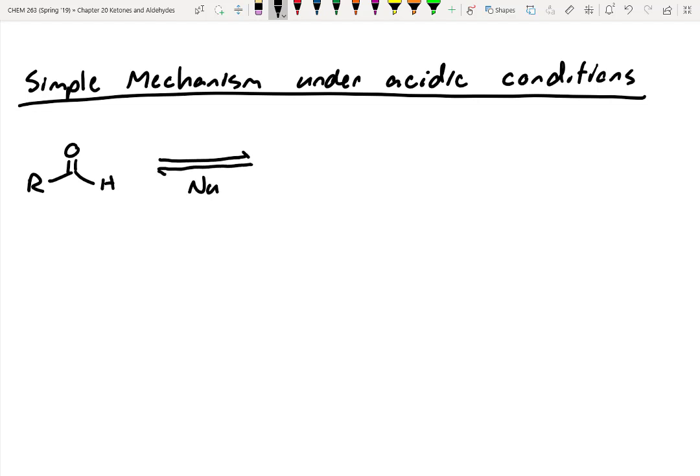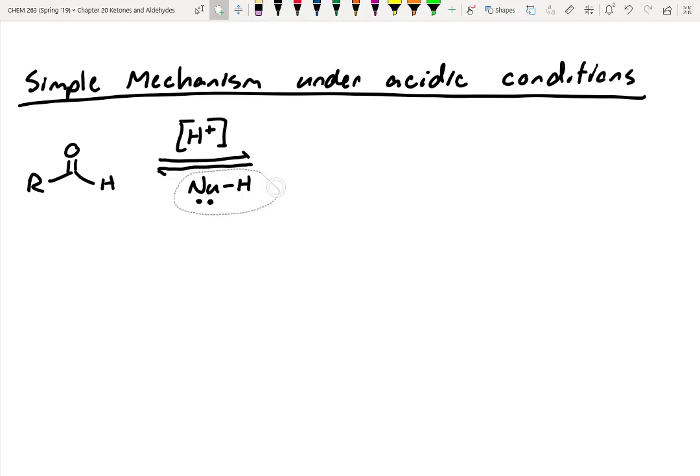Normally under acidic conditions, your nucleophiles don't have a negative charge, right? Because they're going to be protonated. So your nucleophile is probably going to be some sort of neutral species, not one with a negative charge, but in order to be a nucleophile, it's got to have some sort of electron density, so it normally has a lone pair. Make sense? All right, under acidic conditions, we also have acid floating around.